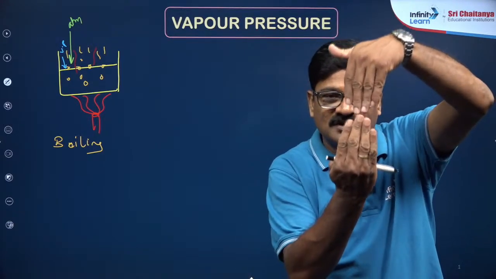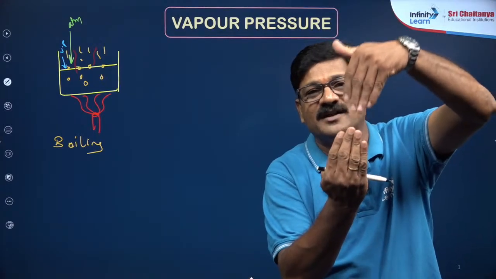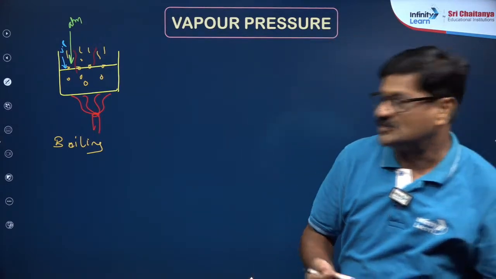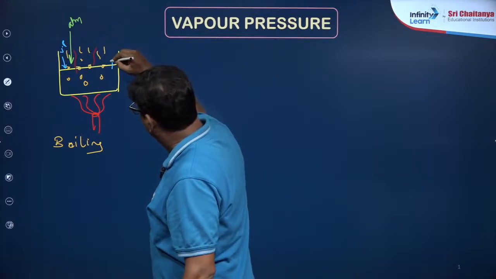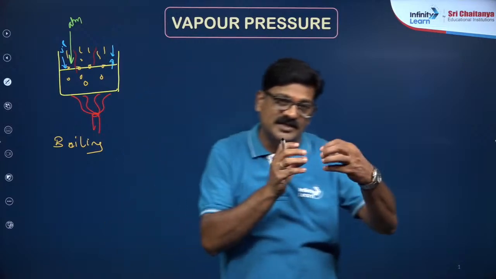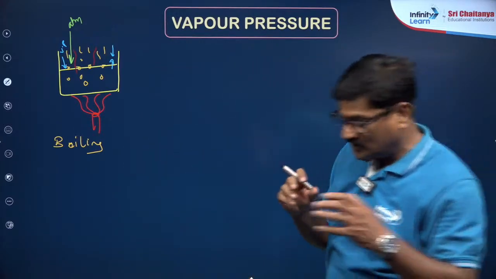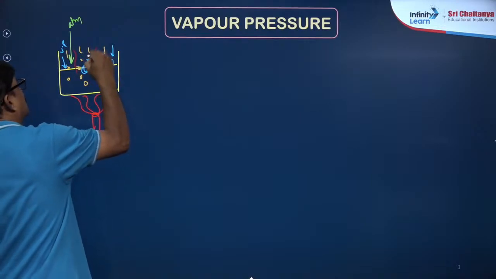When these two become equal, there is a fight between these two at the liquid surface, and the pressures are equal. When this happens, bubbles will come.